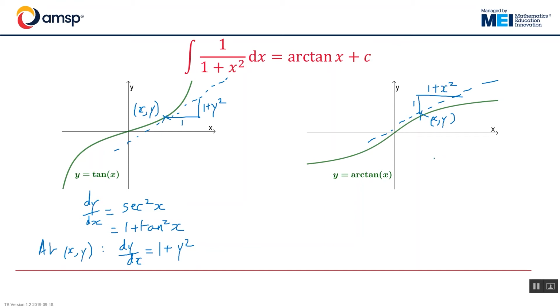What that means is that on this graph dy by dx is 1 over 1 plus x squared, difference in height divided by the difference in the width of this triangle here. And that tells us, by the fundamental theorem of calculus, the integral of 1 over 1 plus x squared dx is arctan x plus c.